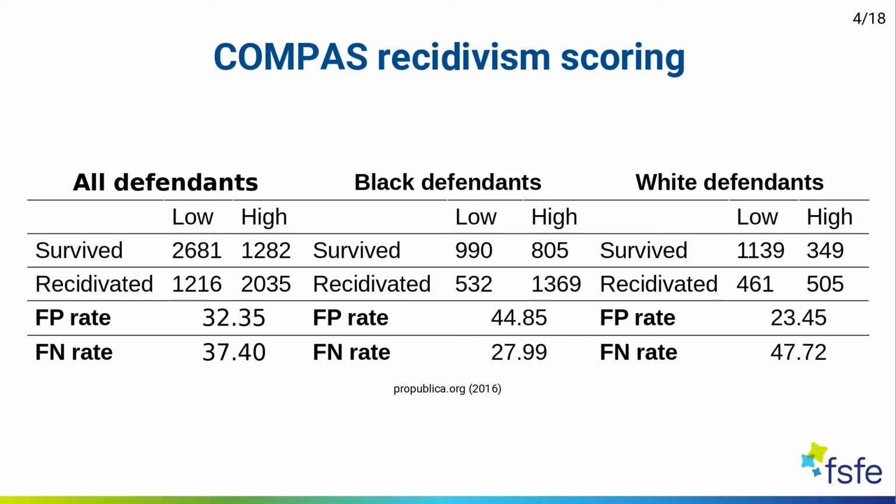The algorithm often mistakenly predicted a high risk of recidivism for black people and a low risk for white people. You can see this in the false positive rate and the false negative rate. The false positive rate was almost 50% for black people, and the false negative rate was almost 50% for white people.